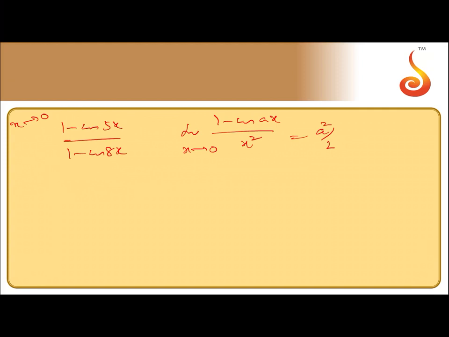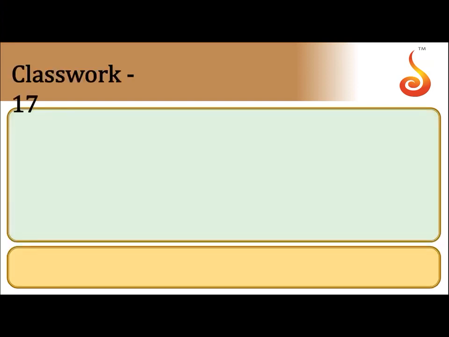We use the concept of this one. Therefore, I divide this number by x square, divided by this number by x square. So clearly, we could see the answer is equal to 25 by 2 divided by 64 by 2. So the answer is 25 by 64. So 25 by 64, the answer is A.